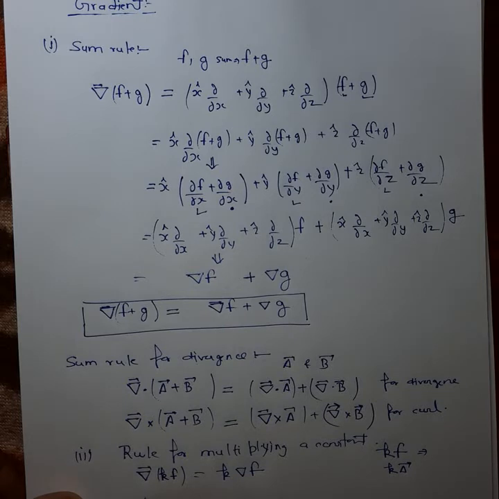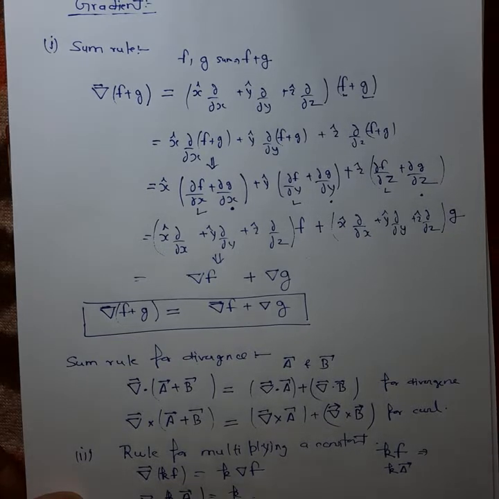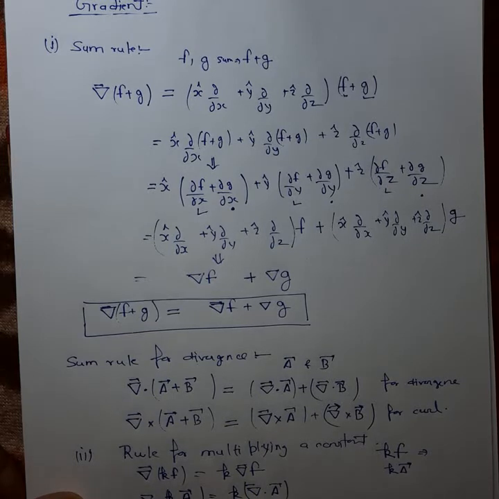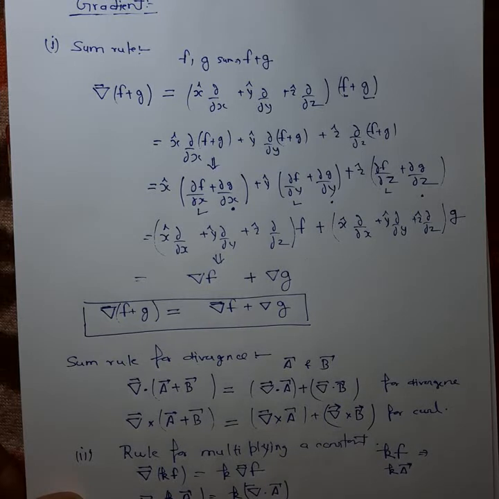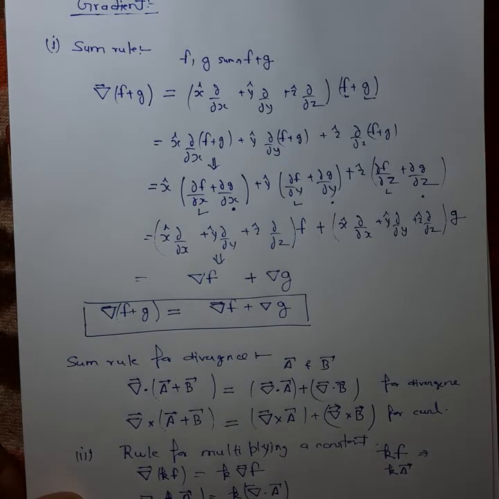Similarly you can write del dot k a, if a is the vector, so you can write it as k times divergence of a vector. Similarly for curl, if you take the curl of k a vector, so you can write it like this.